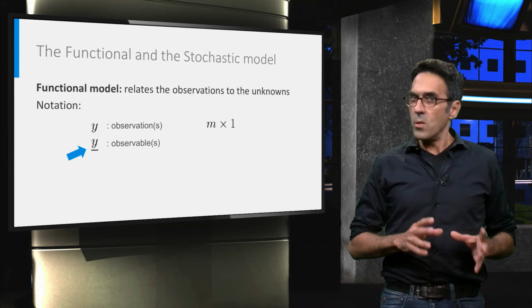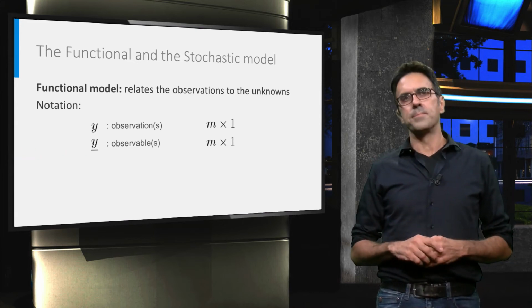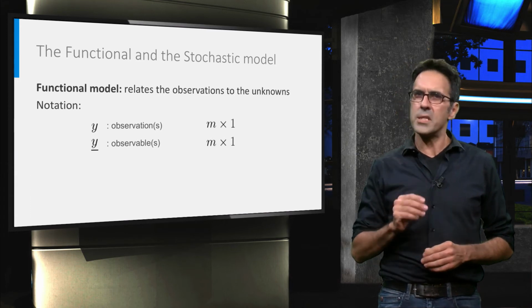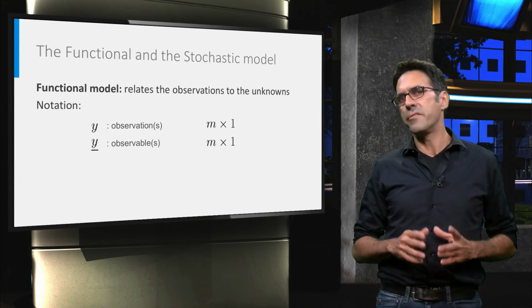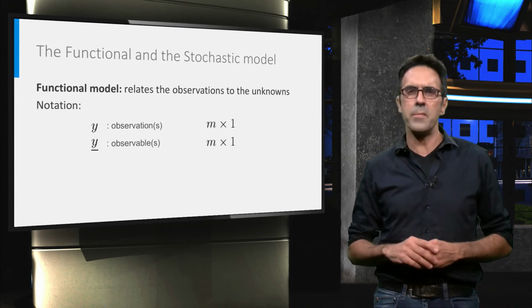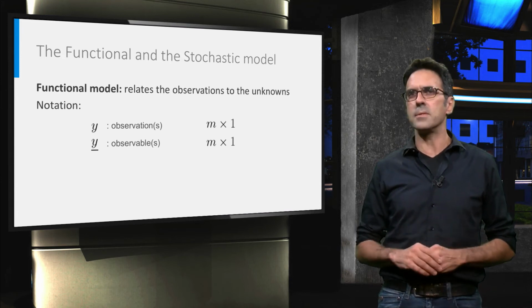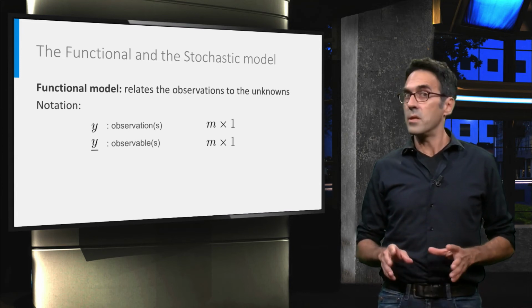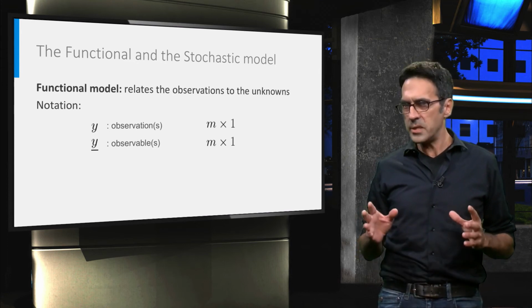Again, if we're dealing with more than one observation, we lump them together in a vector which would then have the length m. It is important to stress that the underline under a letter is not intended to indicate a vector, as in some other fields of mathematics. We only use it to show that we are dealing with a stochastic variable. Similarly, when the underline is absent, it always means that the variable is considered to be deterministic.